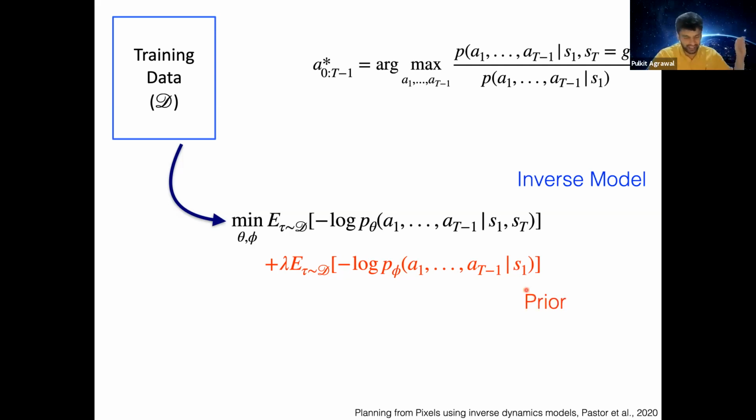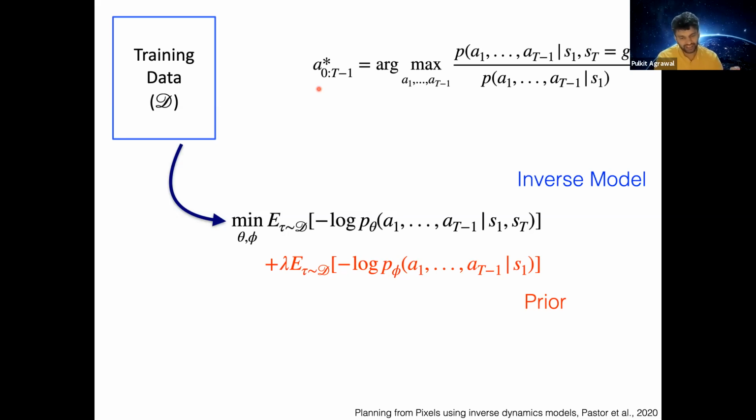Because this is saying if I was in state S1, if you didn't tell me anything about the goal, what would be the most likely sequence of actions that I'm going to do? And the inverse model is saying if you told me that I have to reach state ST, then what is the sequence of actions I should do? And if I divide these probabilities, this will give me the optimal action sequence.